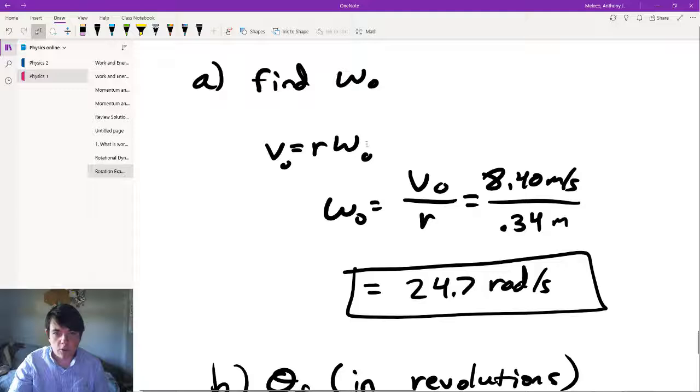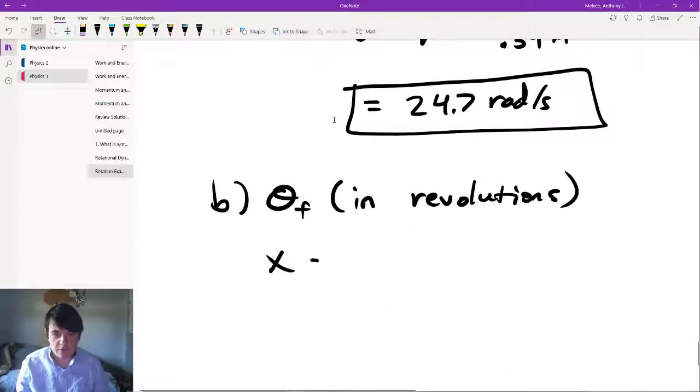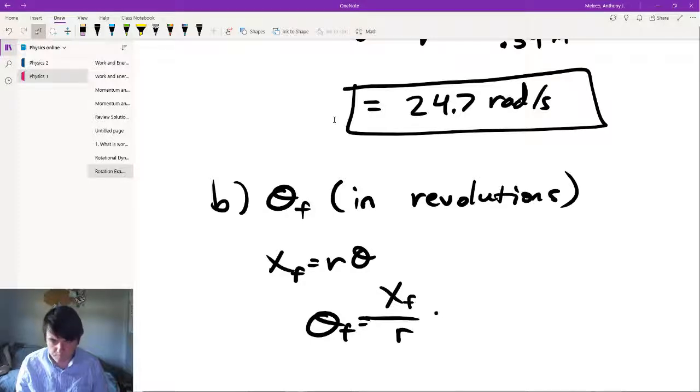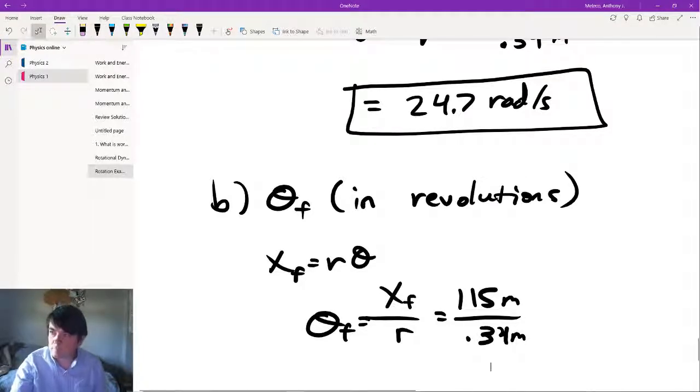You have the linear term, r, the angular term. So this would be x equals r theta. So theta final will be x final over r, which is our 115 meters over our 0.34 meters.